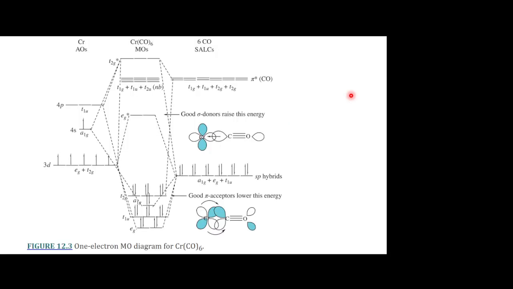So again, the three lower energy orbitals are collectively known as the T2G. The two higher energy orbitals are collectively known as the EG. You may have noticed that those were grouped together over here. The EG and T2G are the irreducible symmetries of those orbitals.